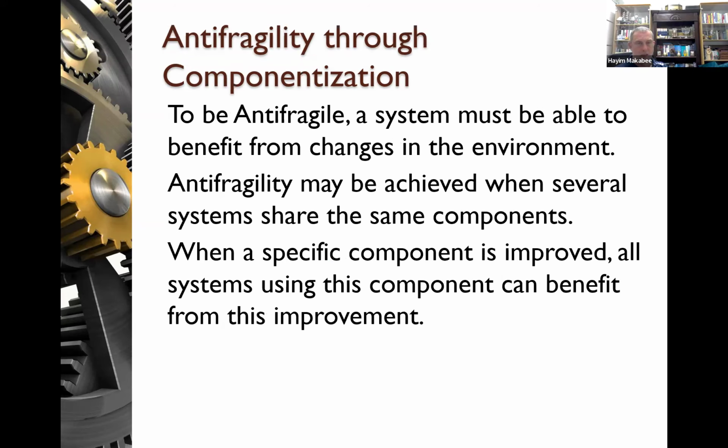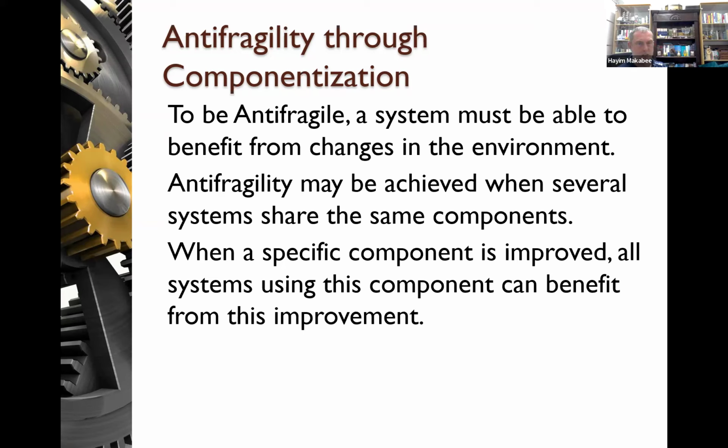In order to be anti-fragile, we want the system to benefit from the changes in the environment. Right? This is the definition of anti-fragile. It's not only surviving. It's not only being able to adapt. It's to benefit. It's to become better. You have a better system.